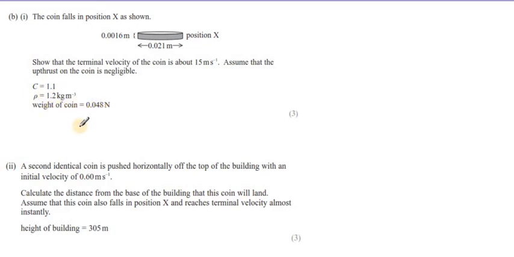So if you rearrange your equation, V square is equal to 2D divided by C rho and A. In place of D, because it's all about terminal velocity, D can be replaced with the weight, and for area you can use pi D square by 4.